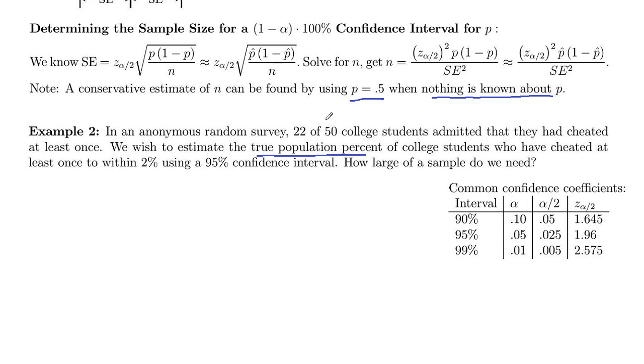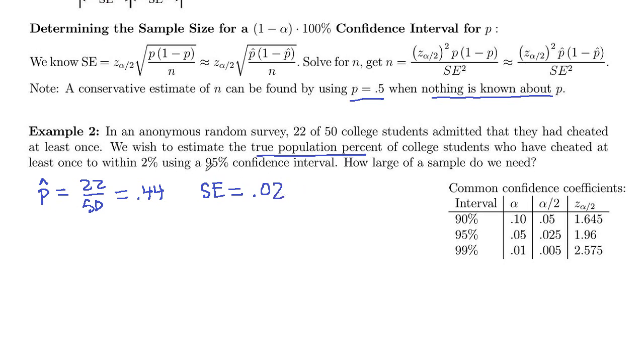So we've got a sample proportion, 22 out of 50. So our p hat here is 22 out of 50, which is 0.44. And we're estimating within 2%. So our sampling error is going to be 0.02.